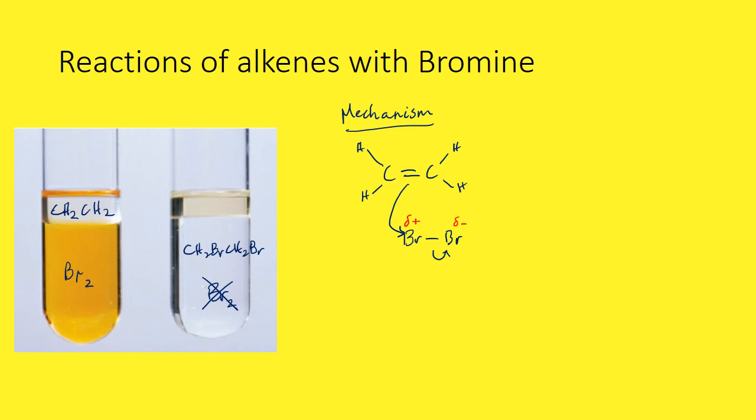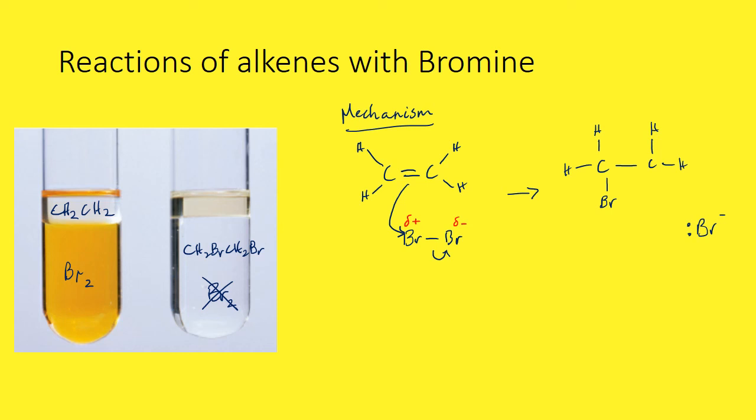So when that happens, we get an intermediate product first. The carbon-carbon double bond has broken. We've still got our two hydrogens attached to that first carbon, as we have with the other carbon, but now we have a bromine attached to one of the carbons, and what we also have is a bromide ion, which we can draw with its lone pair, because it had 7 electrons originally, and now it's got an extra electron.